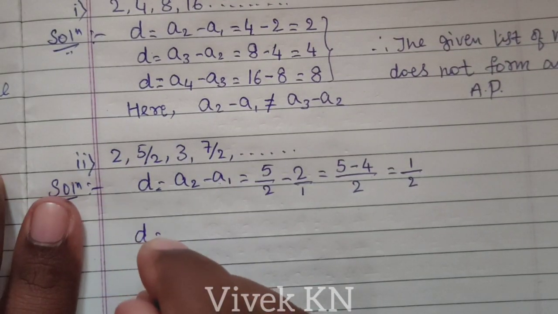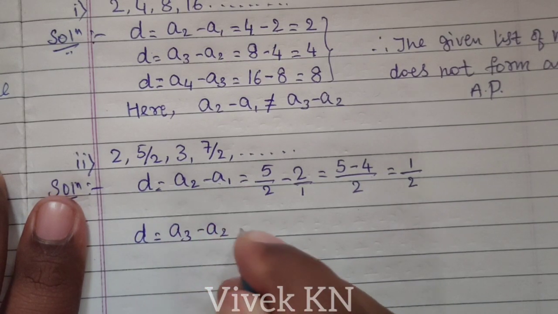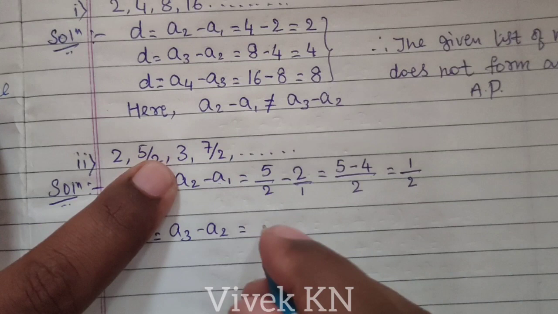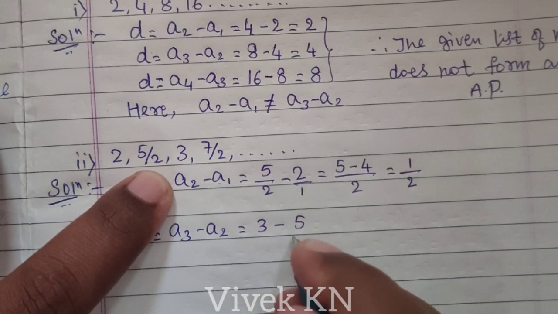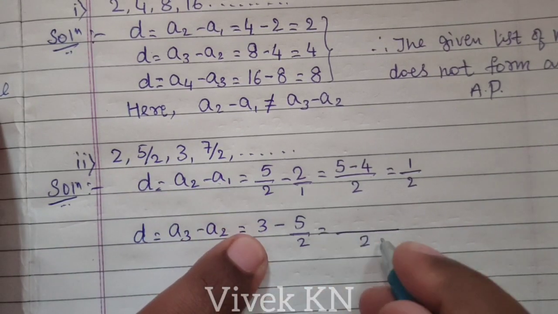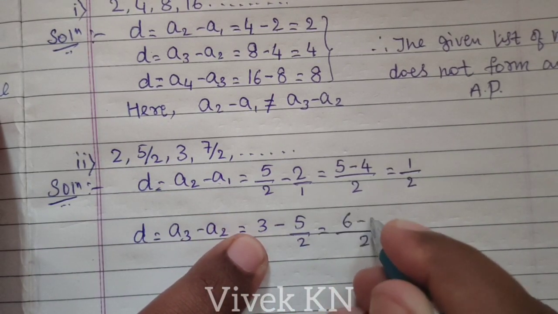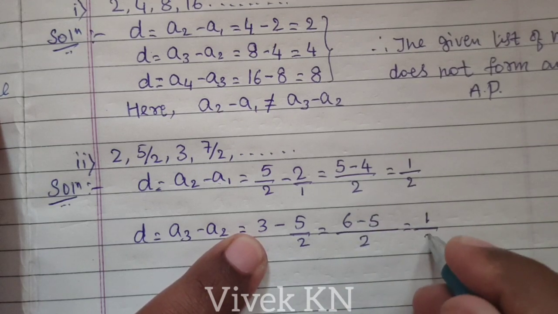Again common difference d is equal to A3 minus A2. Here A3 term is 3, A2 is 5 by 2. 3 twos are 6 minus 5. 6 minus 5 is nothing but 1 by 2.